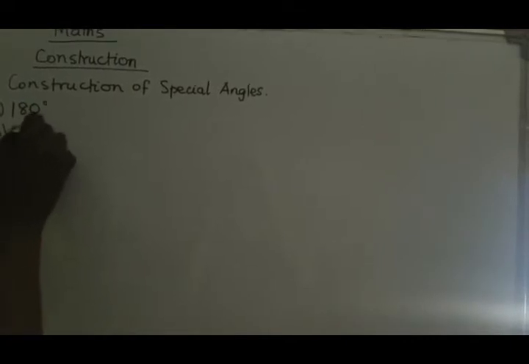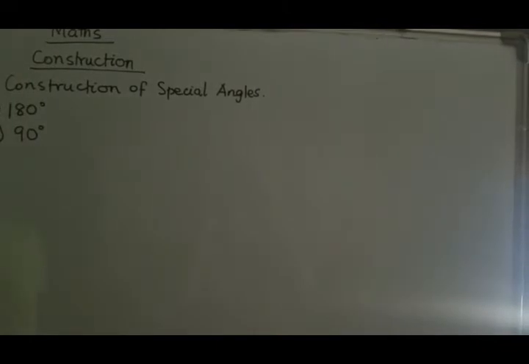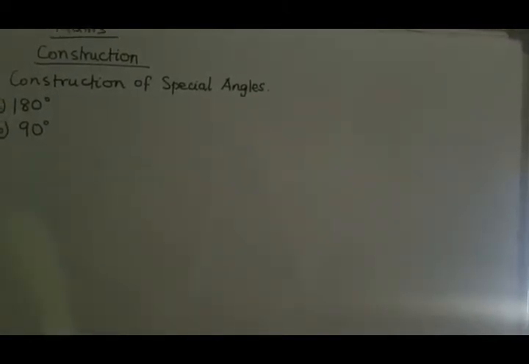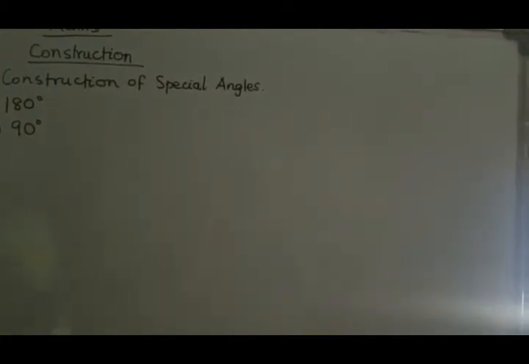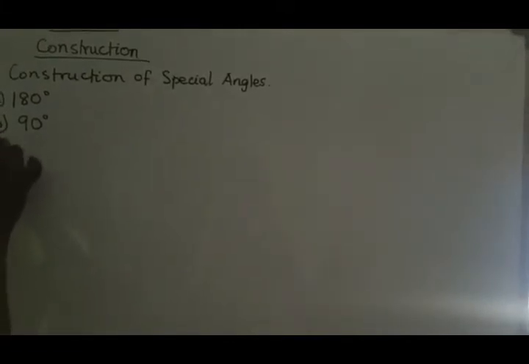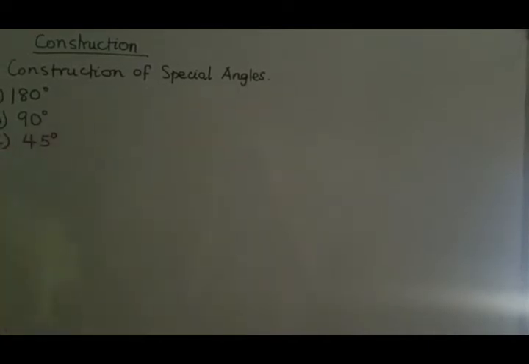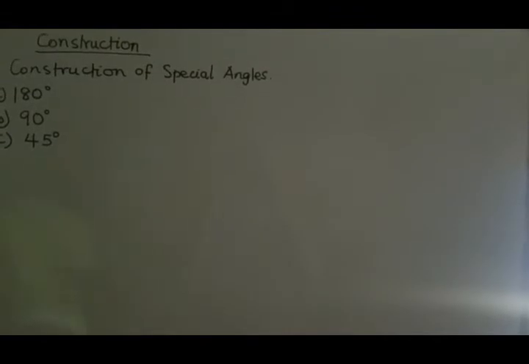So which means from 180 degrees we can get 90 degrees. Now if we still construct an angle bisector of 90 degrees, that is going to give us 45 degrees. So which means if we bisect 90 degrees, we are going to get 45 degrees. And these angles are known as special angles.